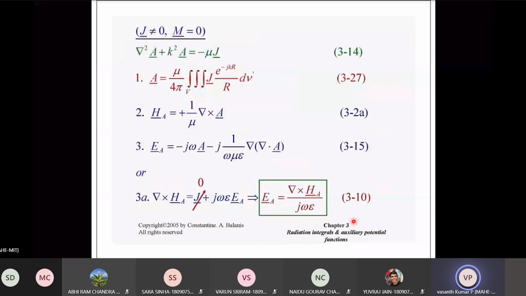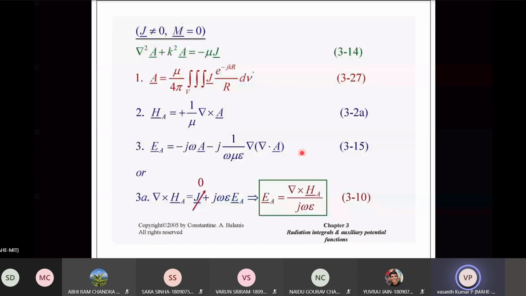So here J not equal to 0, M equal to 0. So you have this wave equation, solution in this form, H_A in this form, E_A in this form. And here E_A can also be got like this.